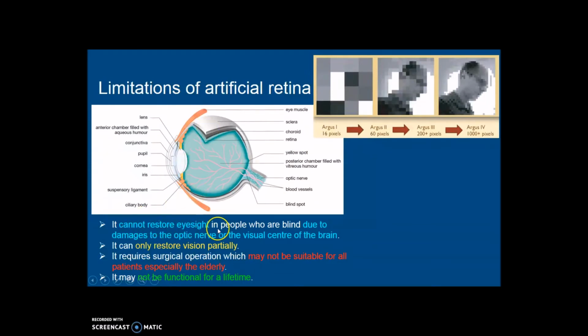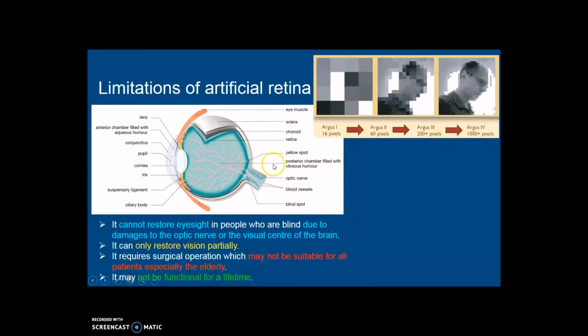cannot restore the eyesight in people who are blind due to damage of the optic nerve or the visual center of the brain. As I mentioned before, if people become blind because the optic nerve is damaged, even if a nerve impulse is generated by the retina, the nerve impulse cannot be transmitted to the brain.